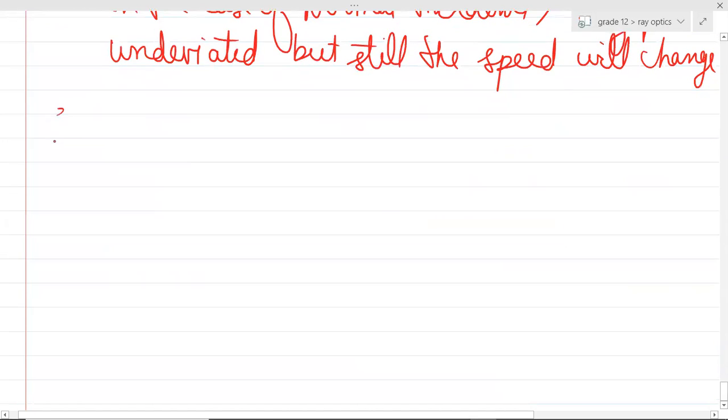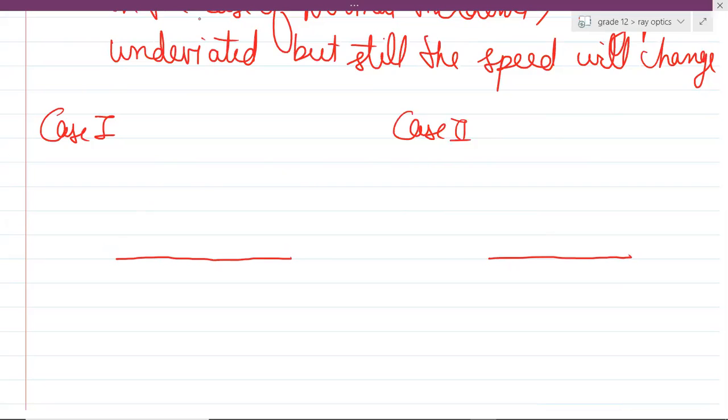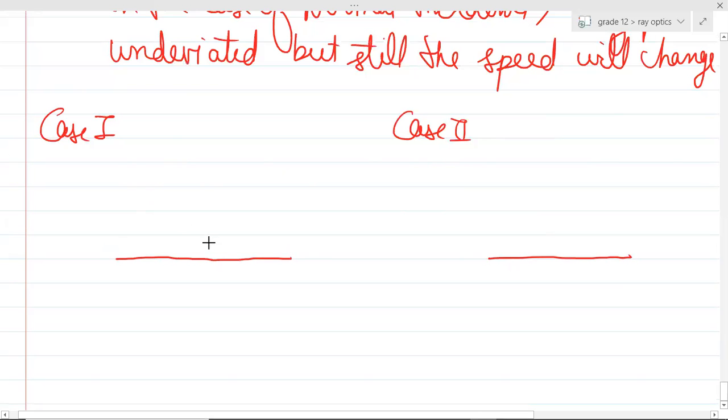Yes. Now, when it bends from its path, there are two cases. Suppose this is the medium boundary, and let's say this is the light ray which is coming. Can you see the light ray incident obliquely in both the cases?